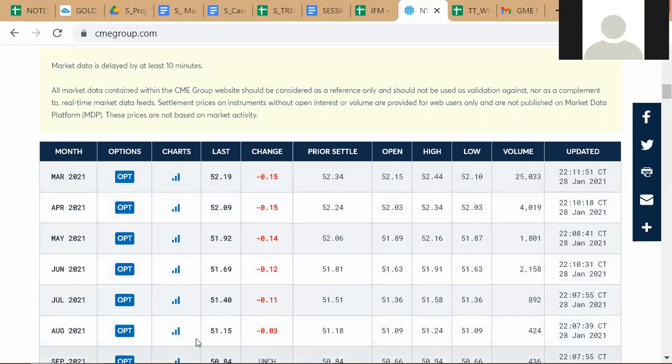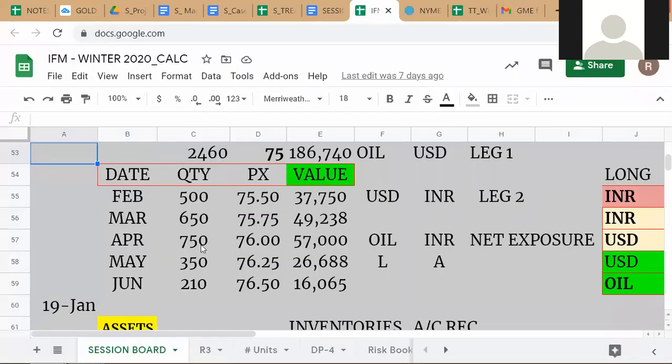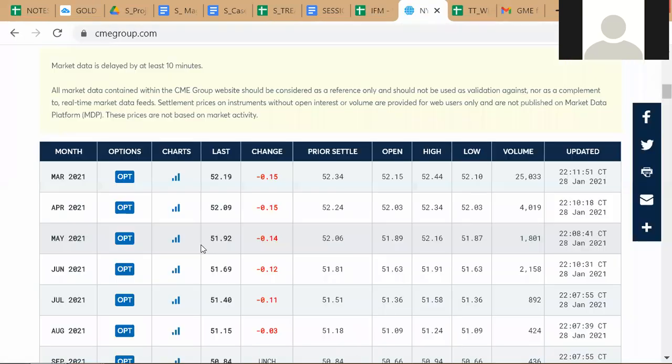This is called the futures curve. Then you would say, okay, let me buy this April contract. For April, how much do I have? 750,000 barrels. So it's 1,000 barrels per contract. So let me buy 750 of the April contracts. And how much do I have in May? I have 350. So let me take 350 of the May contract.